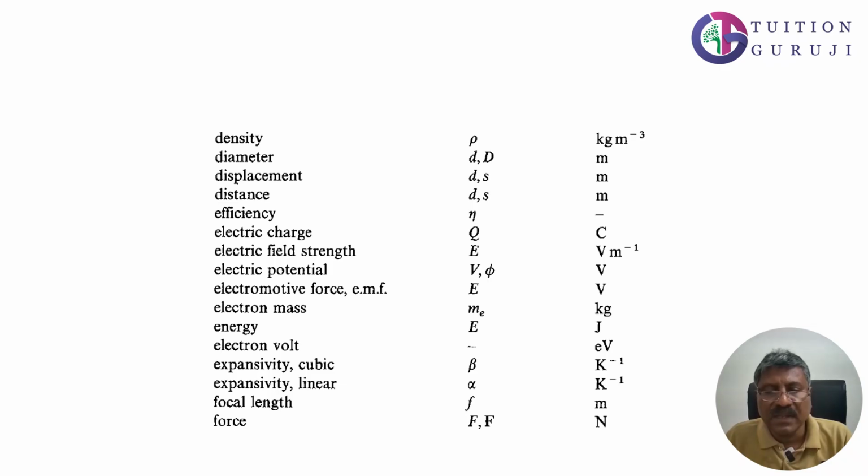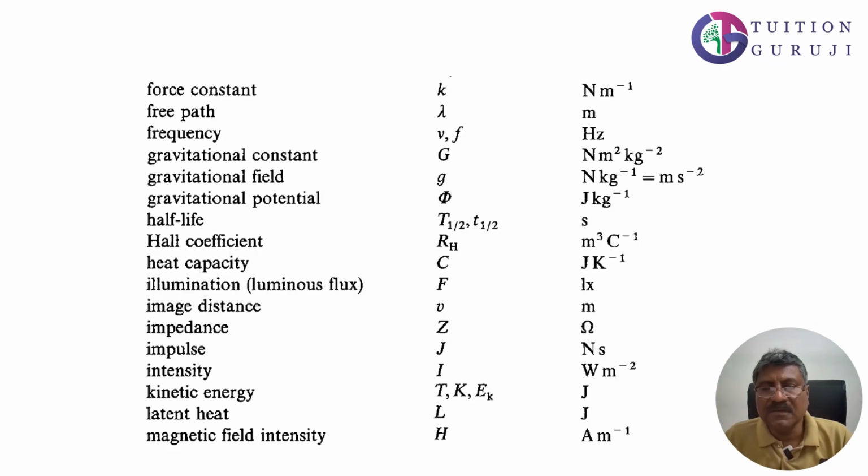Focal length is in meter. Then force constant in Newton per meter, and frequency is in hertz. Then illumination is in lux. Image distance is in meter. Impedance in ohms.